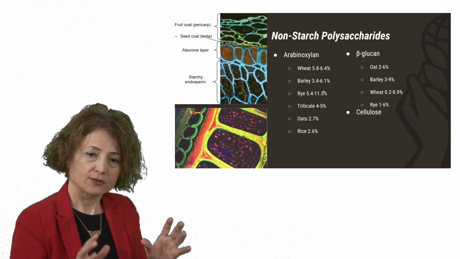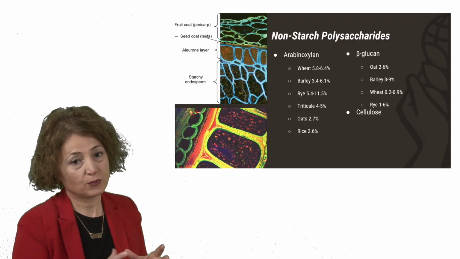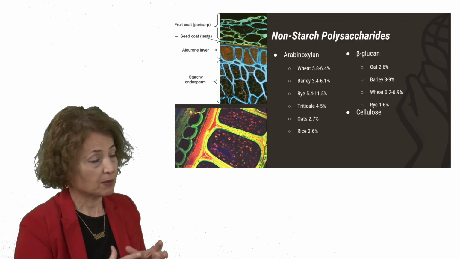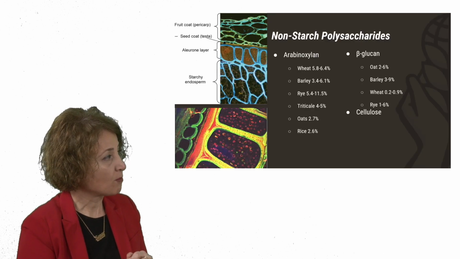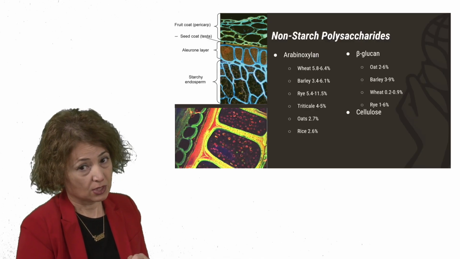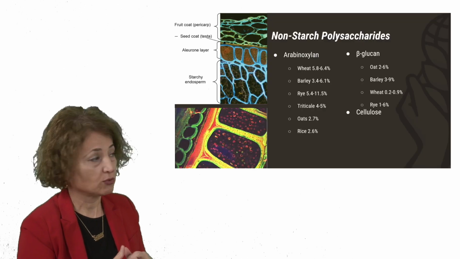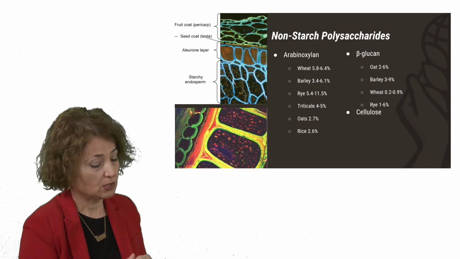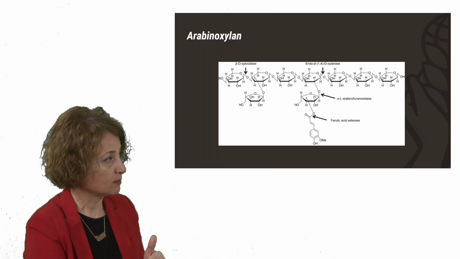So for each cereal, there is a major non-starch polysaccharide. For example, for wheat and rye, arabinoxylan is the major non-starch polysaccharide, but for barley and oat it is beta-glucan. So we have lesser amounts of beta-glucan in wheat compared to oat and barley.